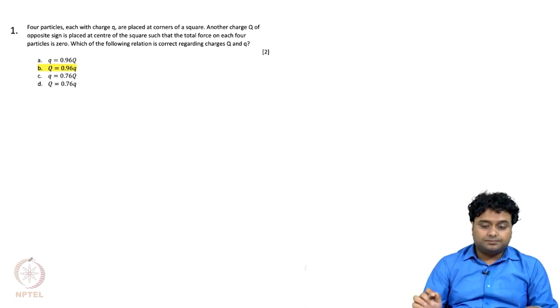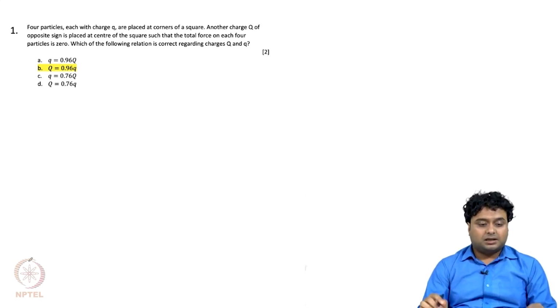So the first question is that 4 particles, each with charge small q, are placed at corners of a square, and another charge capital Q of opposite sign is placed at the center of the square, and the charges are such that the total force on each of those 4 particles is 0. Then what relation is true?